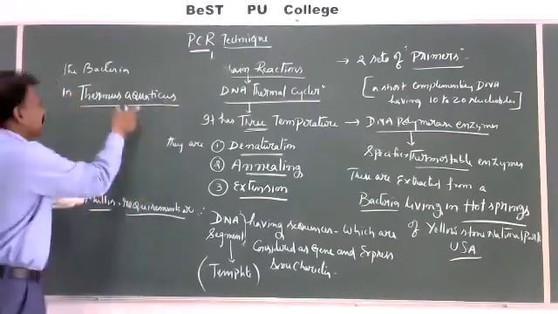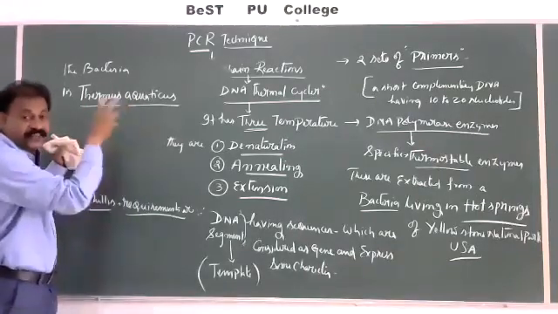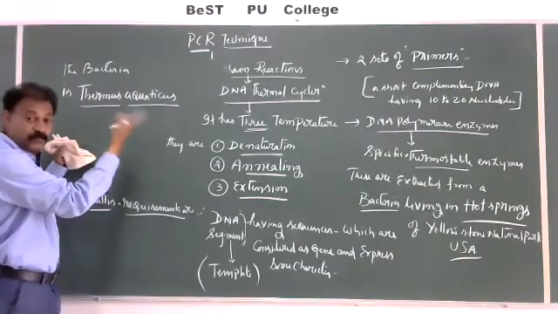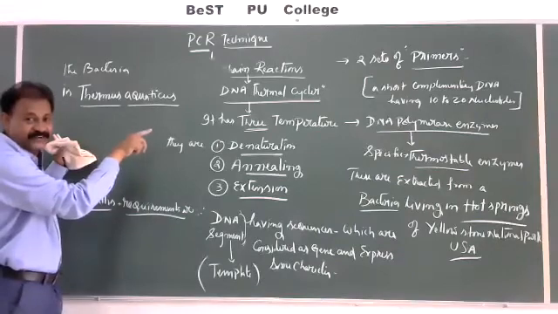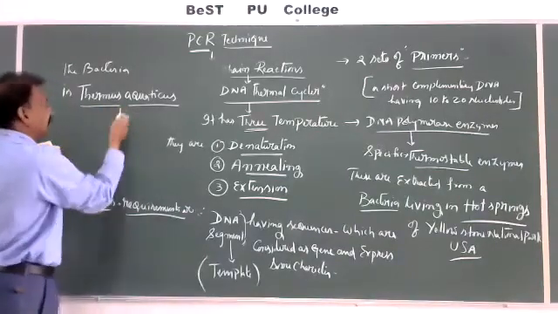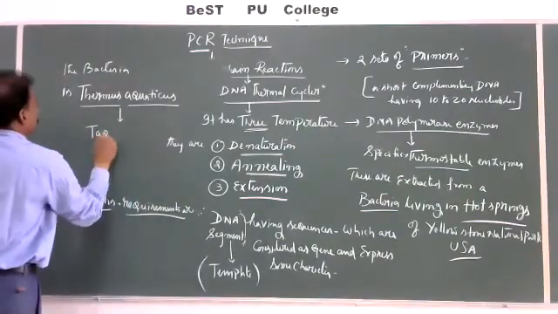This bacteria lives in hot water conditions where high temperatures exist, and even so it is able to survive in those hot water temperatures. And the enzyme extracted from this bacteria is called Taq polymerase.